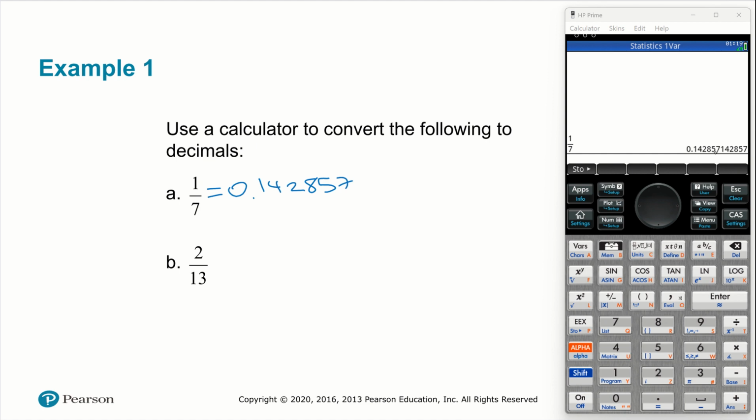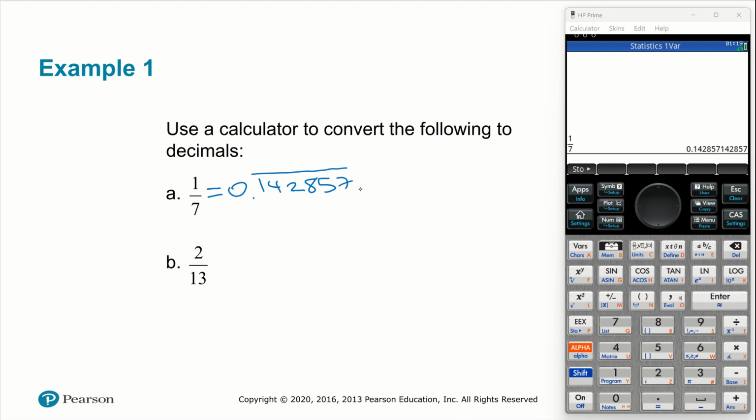So this group of 6 digits will repeat indefinitely. So that is where we're going to put the bar on top of the repetend.